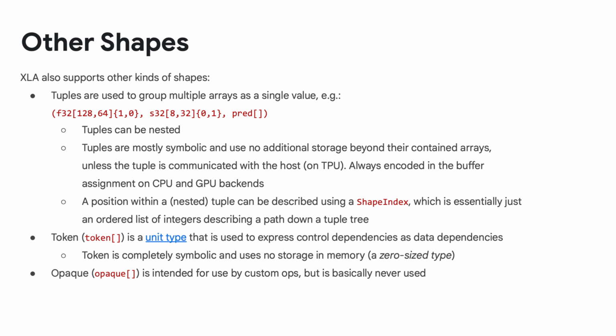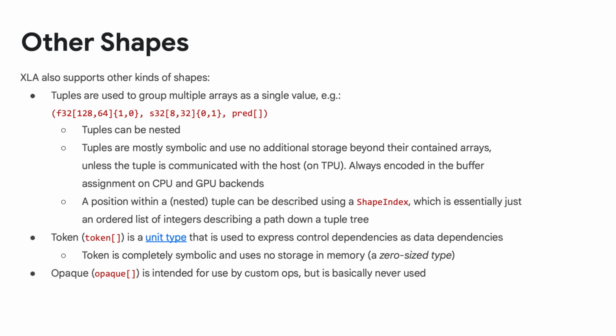In some edge cases on TPU, tuples act as buffer tables when we hit some limits, but it never happens on GPU and CPU. So on GPU and CPU, it's only symbolic inside HLO, and every value is assigned some memory space and memory address in the allocation.